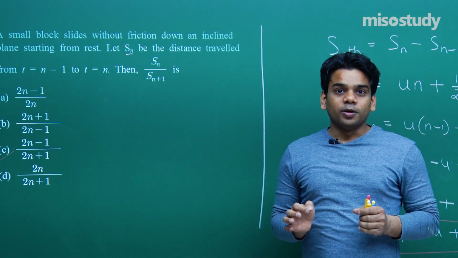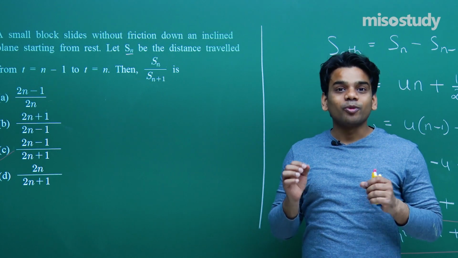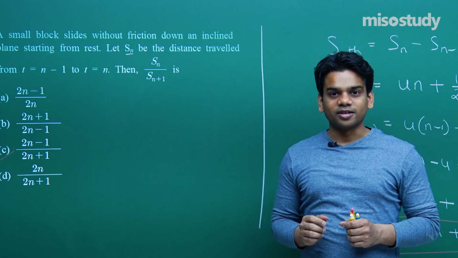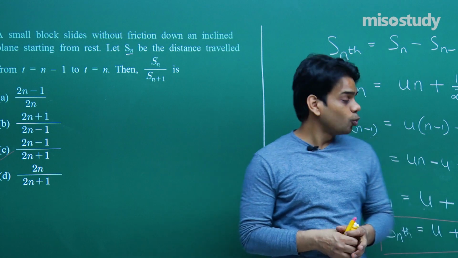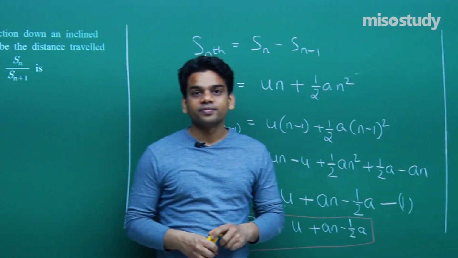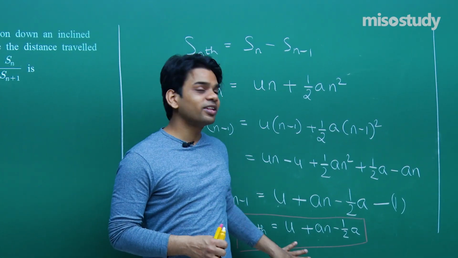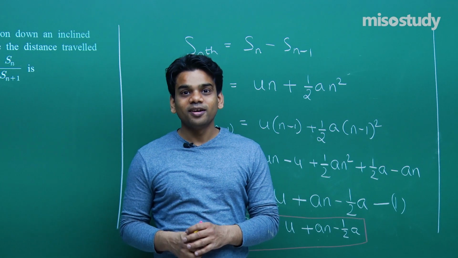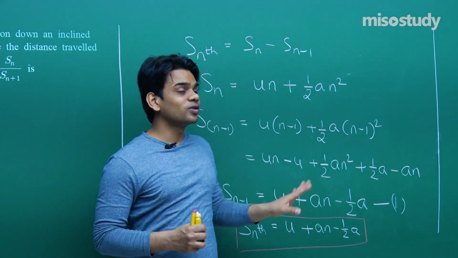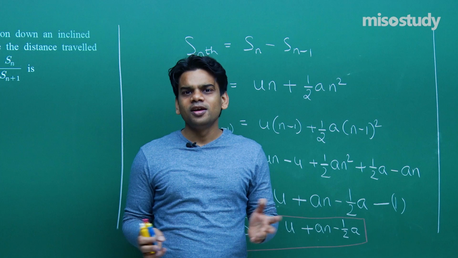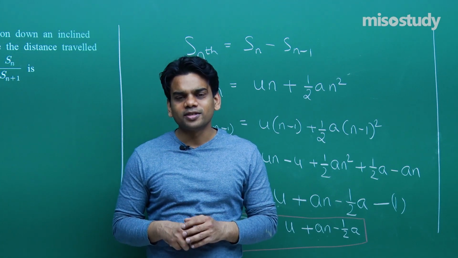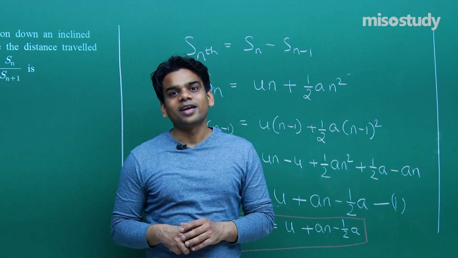Here in this problem, you can solve it instantly if you remember the distance traveled in the nth second, that is u plus a(n minus half)a. The same formula has been derived in the class also, but here I derived this once again so that you may understand. If you forget that formula, or are not sure whether what you remember is right or wrong, you can derive it instantly.